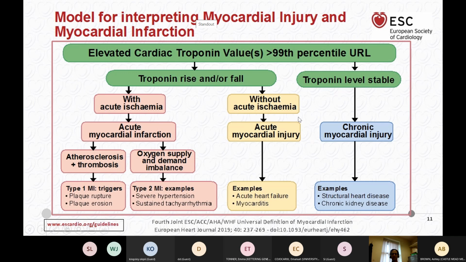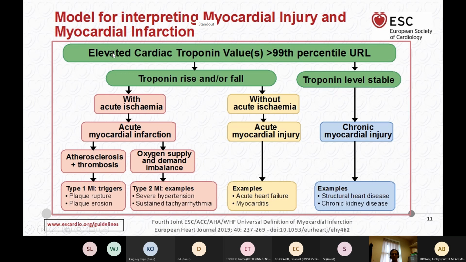Because if it's, as I've just shown you, a ruptured plaque, then we should be thinking about doing a coronary angiogram and stabilizing that area with a stent. If, on the other hand, there is another mechanism for that troponin release, it needs a different form of management. So I'm going to briefly talk about this.